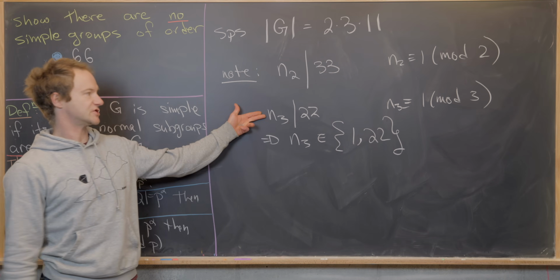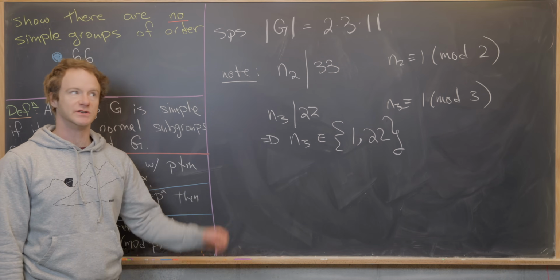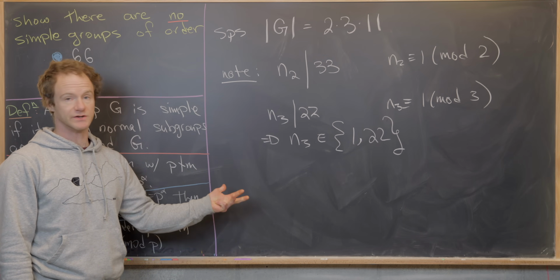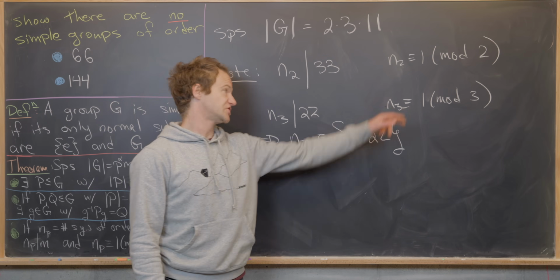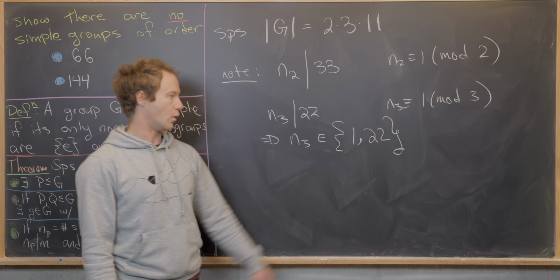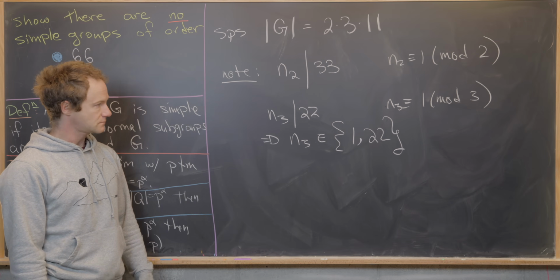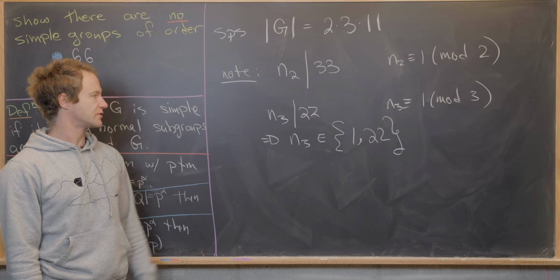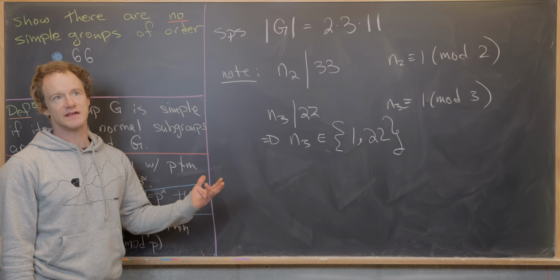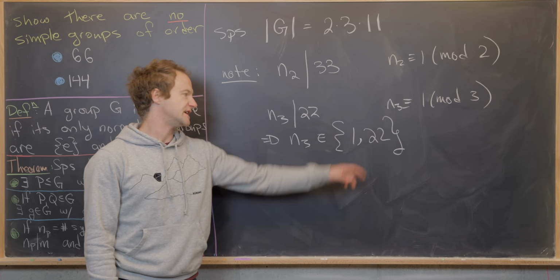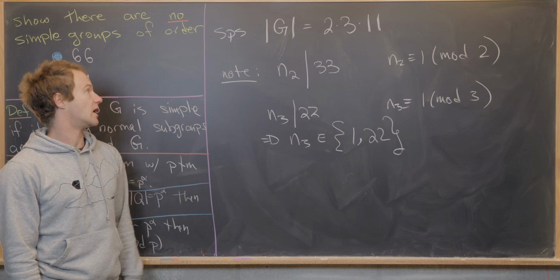From the divisibility condition, it has to be a divisor of 22. That's 1, 2, 11, or 22. But then by the congruence condition, it needs to be 1 mod 3. So of those divisors, we're only left with 1 and 22. Okay, so if it's equal to 1, then we have a unique subgroup of order 3, which means it is normal, which means our group is not simple. If it's equal to 22, then all bets are off.